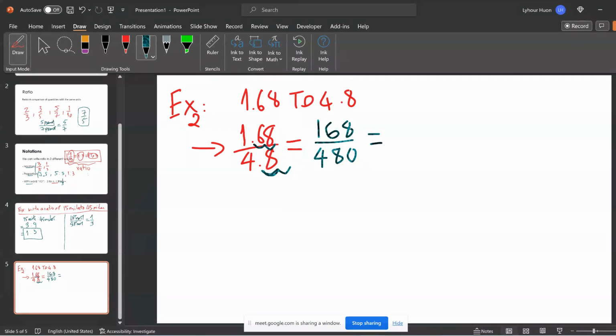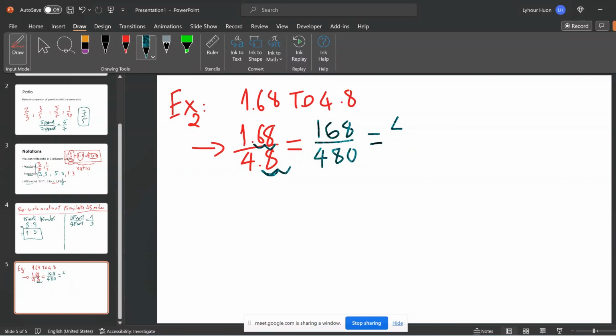We can simplify with the 4. Now, when we simplify with 4, we get the result of 42 over... do we have a decimal back? We already got rid of the decimals.